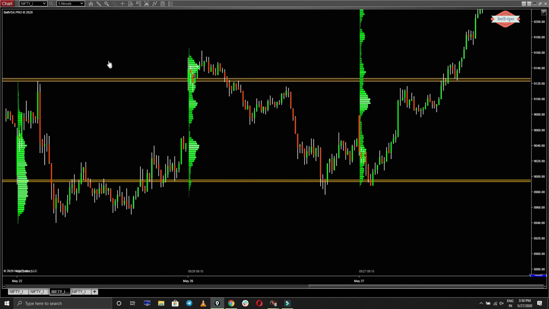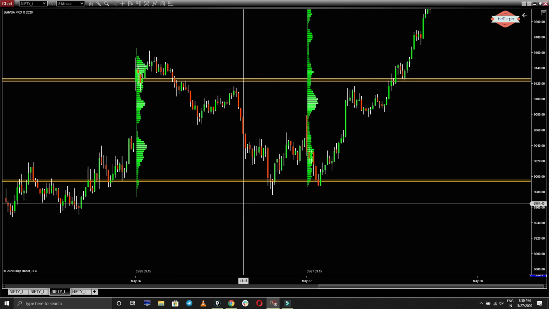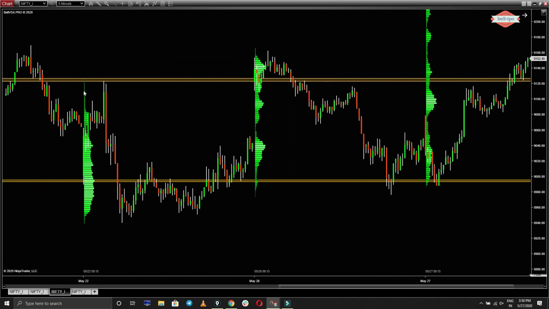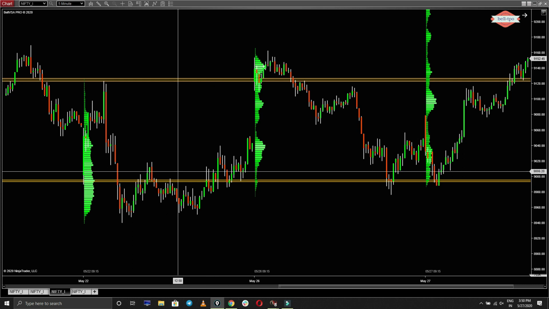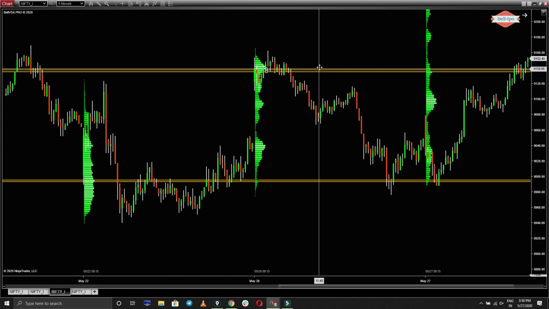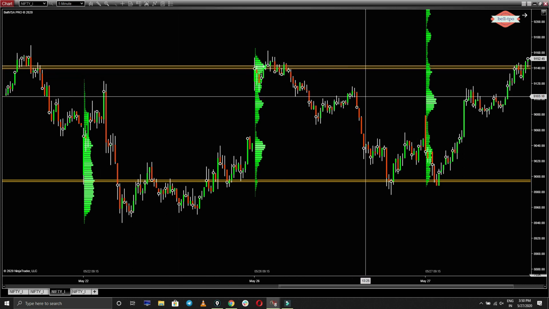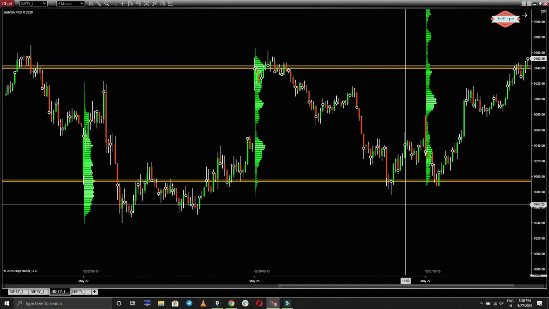Like this, yesterday we saw the movement. Today also we can look at the volume profile. Day before yesterday we got a good volume here. In the volume profile, the place with more volume is the zone we mark. This day I was monitoring two zones.